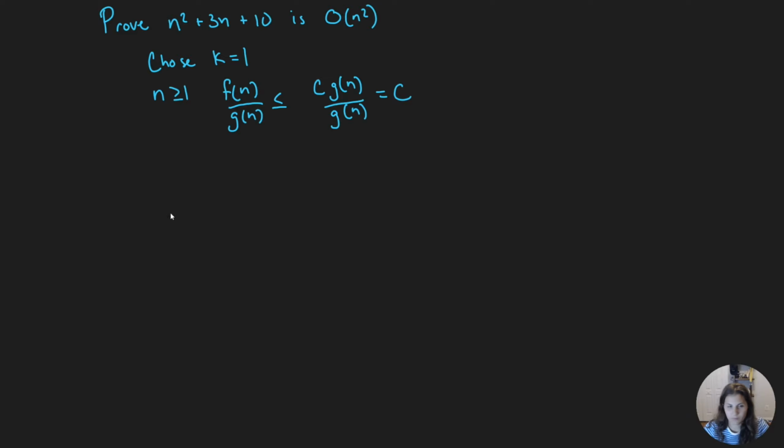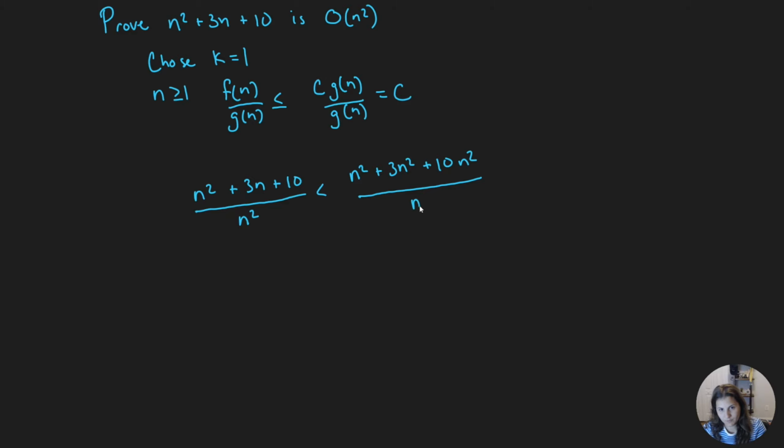So in this case, we can say f of n will be our n squared plus 3n plus 10 over n squared has to be less than n squared plus 3n squared plus 10n squared all over n squared.